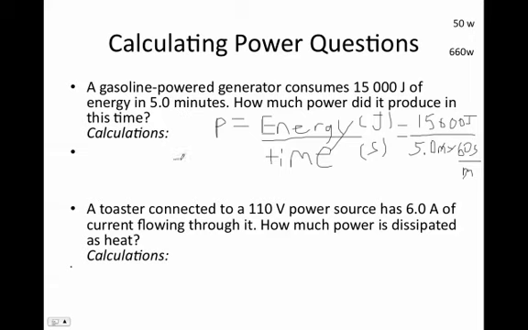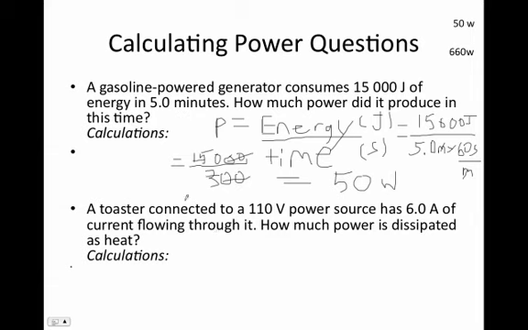So let's simplify 15,000 joules divided by 300. So that's 5 times 60. So 15,000 divided by 300 is 50. 50 what? 50 watts. Power's in watts. Joules per second is a watt.